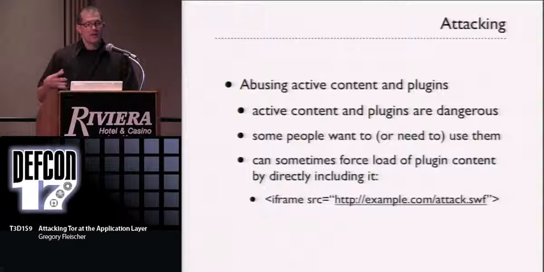There are a lot of people that are using it to circumvent local restrictions by their ISPs. The Iranian elections is a pretty good example. And these people want to use Flash. They want to view YouTube. They want to have Java enabled to do stuff. So there's going to be maybe a tipping point where it starts to be like, well, maybe it's not so bad. Maybe it's not so dangerous.